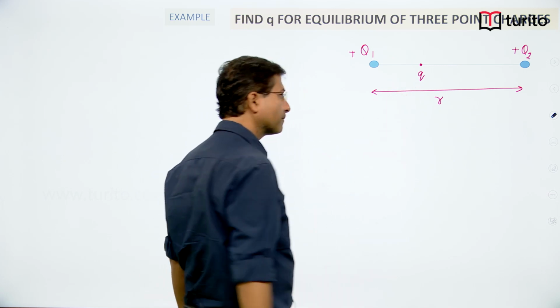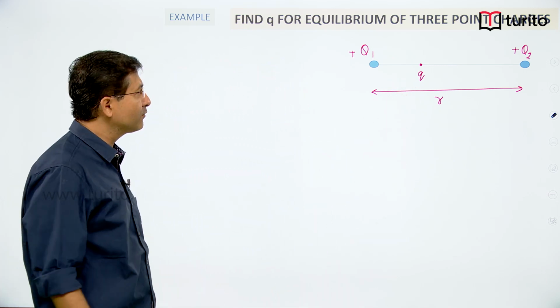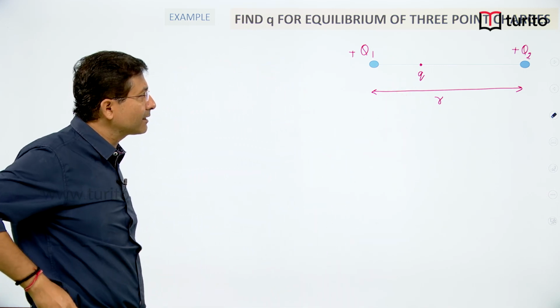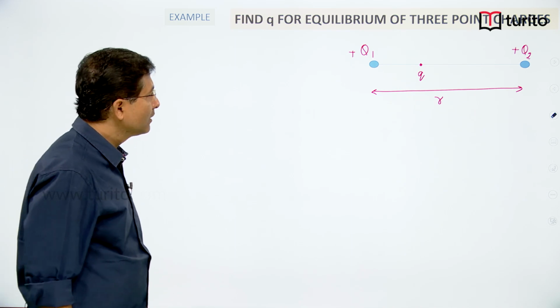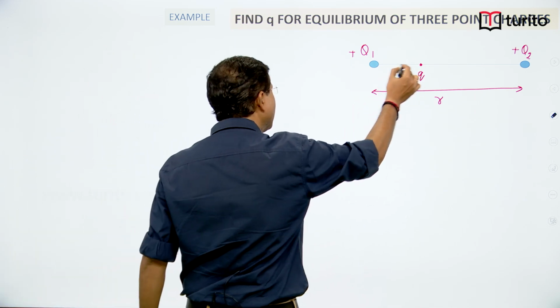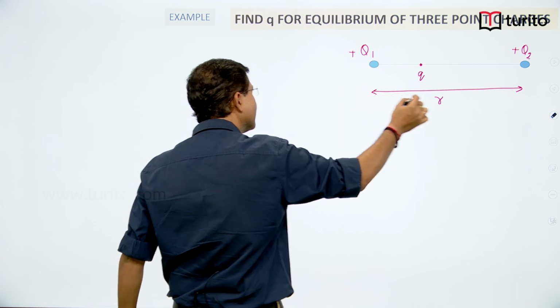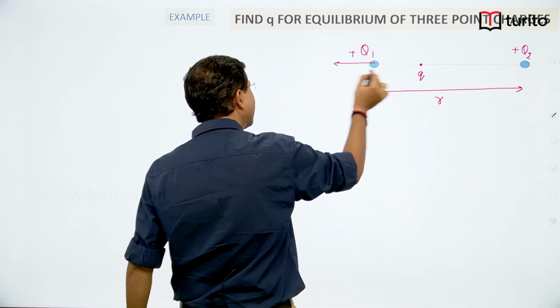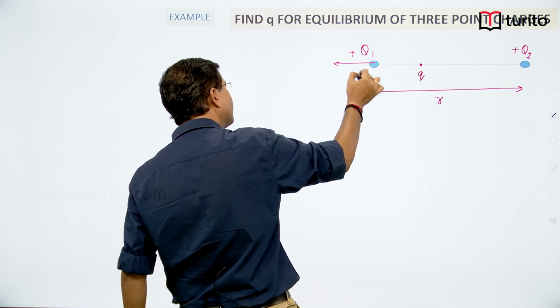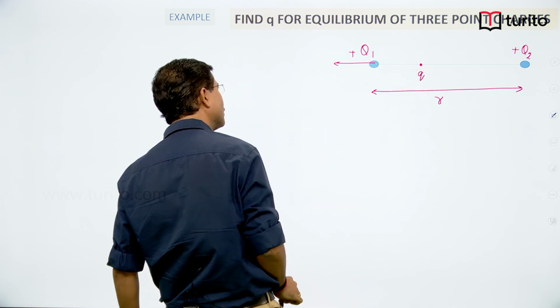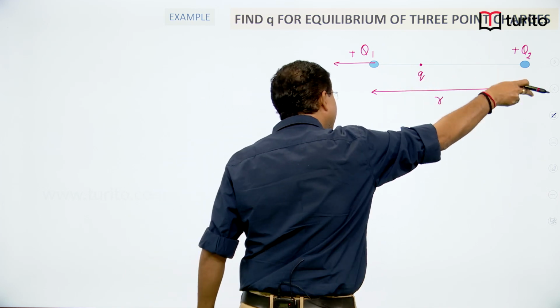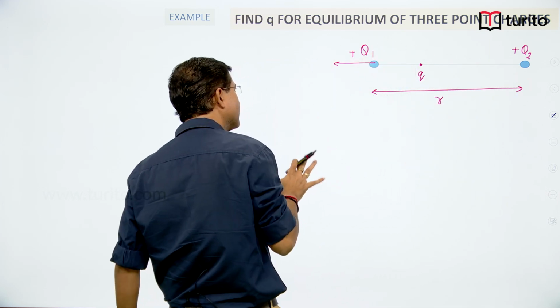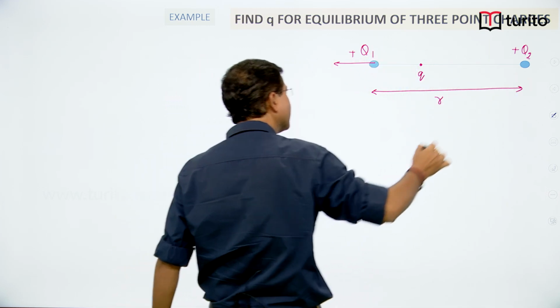So I place it here. Now, again see the free body diagram of any one of the particles except q. This q will exert force on q1 this way, along the line joining, away. I am drawing the free body diagram of this, the forces by all other particles on this one, that is the free body diagram of q1.